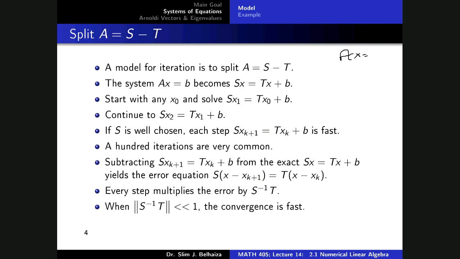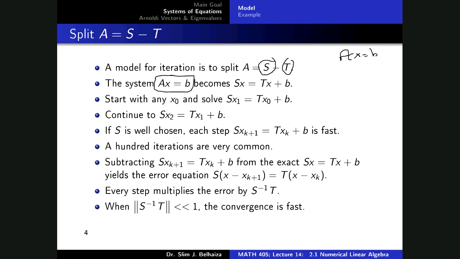We split it in two parts, a matrix S and a matrix T, where A equals S minus T. So the linear system, which was AX equals B, becomes, if you just write S minus T instead of A, this system.